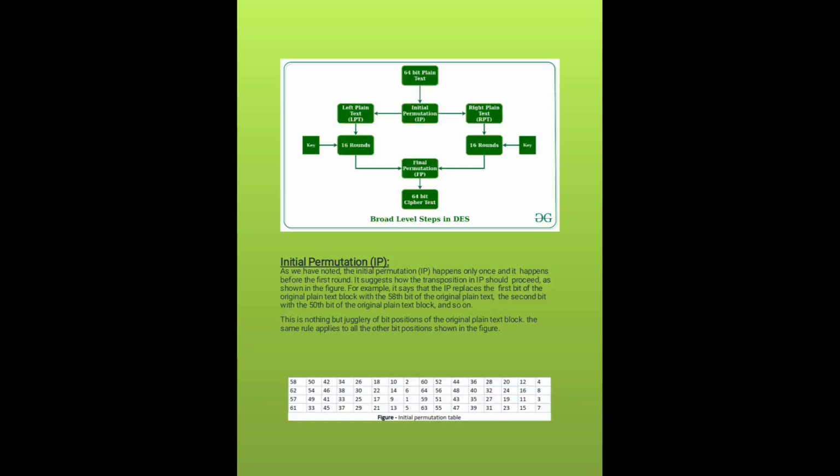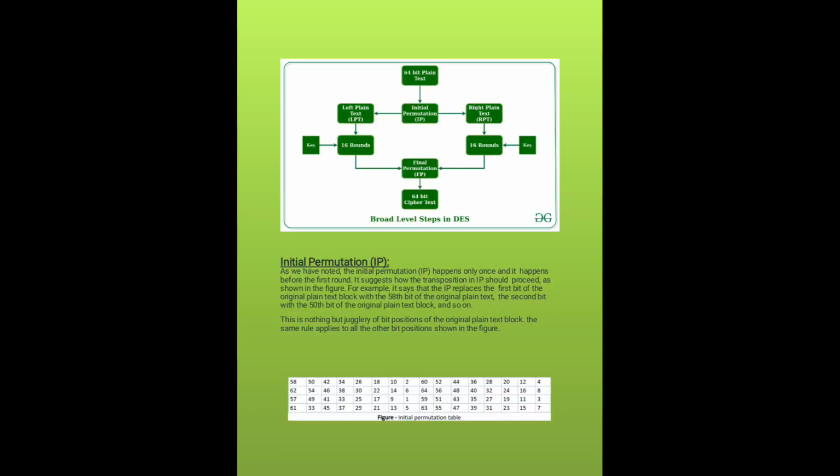Steps of how DES works. In the first step, the 64-bit plain text block is handed over to an initial permutation (IP) function. The initial permutation is performed on the plain text. Next, the initial permutation produces two halves of the permuted block, called left plain text (LPT) and right plain text (RPT).